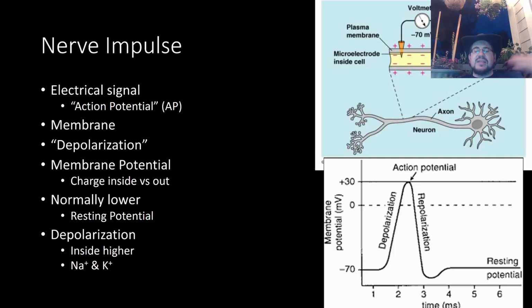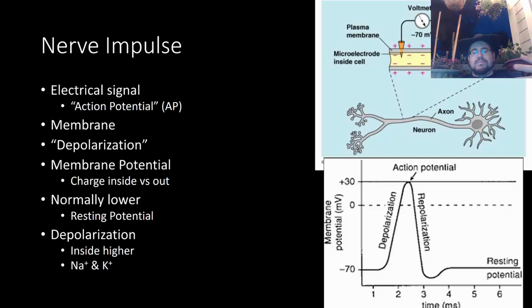So as long as the sodium-potassium pump is functioning, we maintain the resting potential. In order to generate our action potential, basically we just open some floodgates and allow sodium to flood back into the neuron.